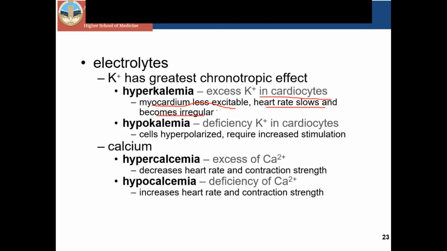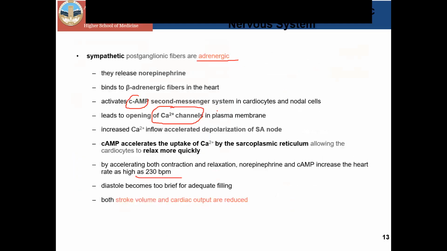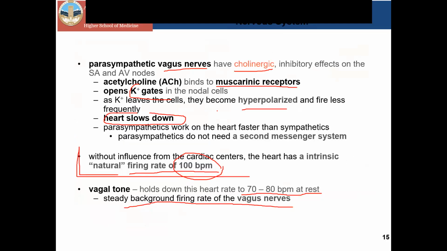You remember the parasympathetic vagus, how exactly the vagus nerve works? We said that acetylcholine binds with muscarinic receptors and opens potassium gates. This potassium leaves the cells, they become hyperpolarized and fire less frequently.